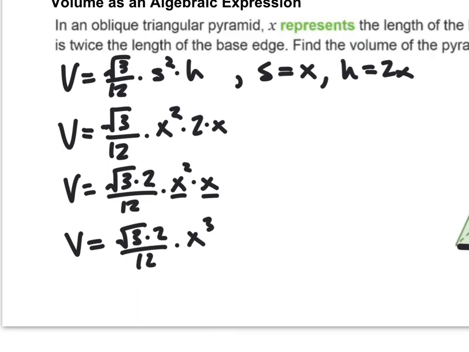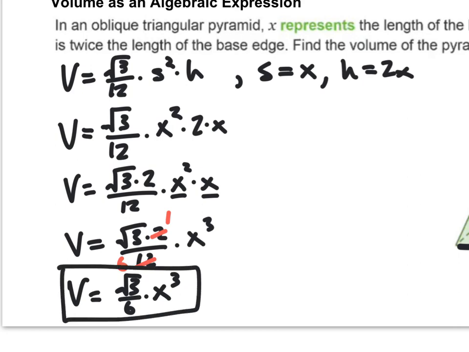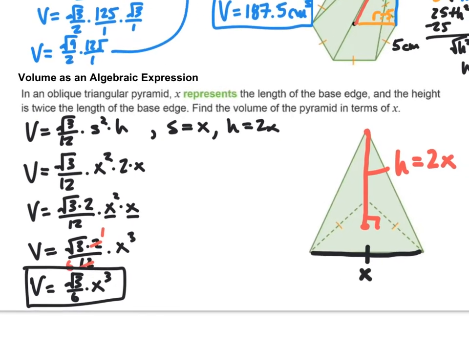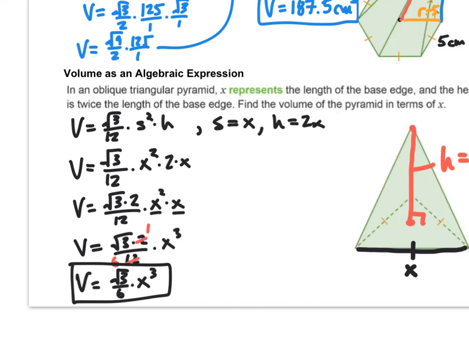Then 2 over 12 simplifies to 1 over 6. So my volume is equal to the square root of 3 over 6 times x cubed, and that depends on x. That's all we needed to do, find the volume of that pyramid in terms of x.